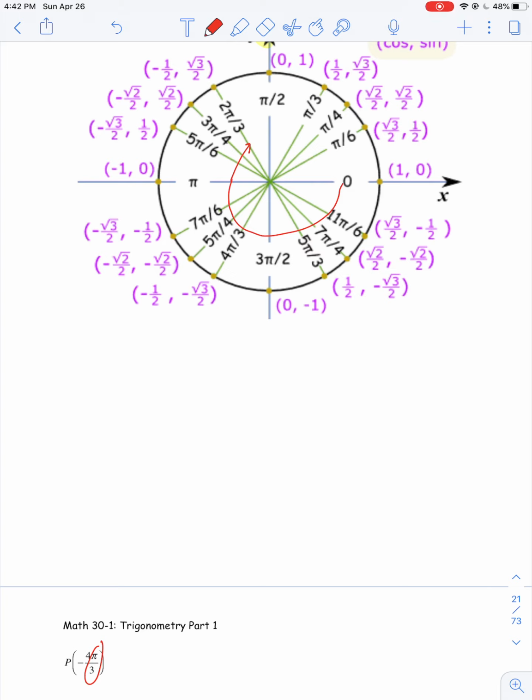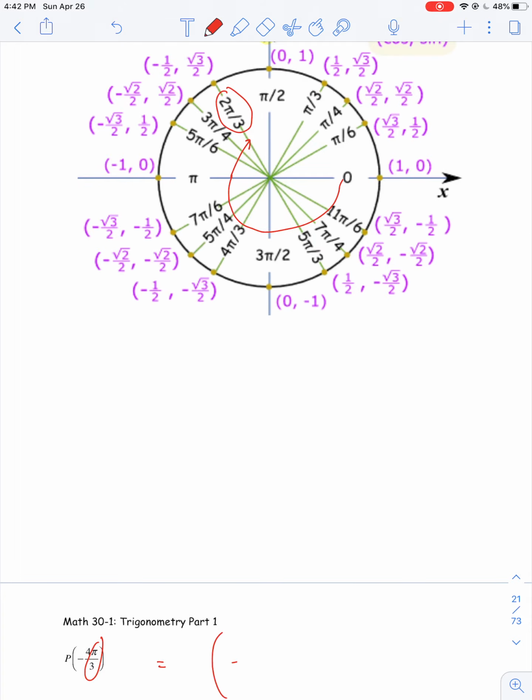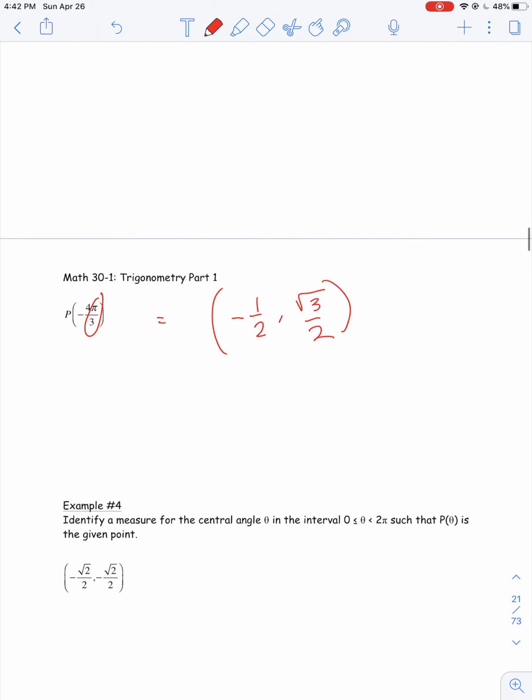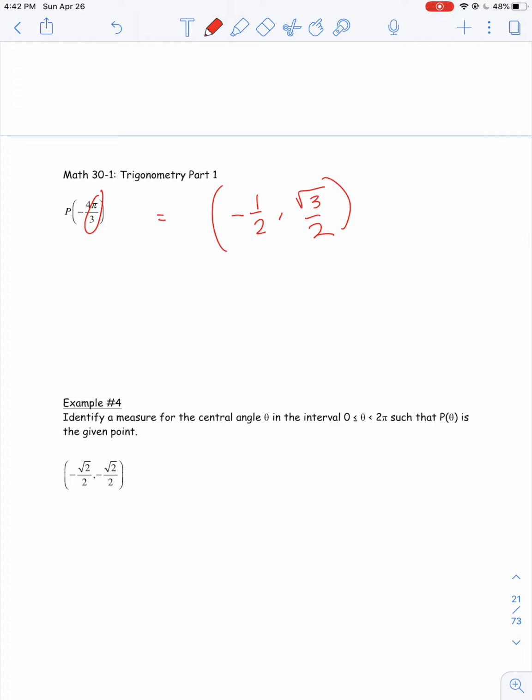So then what you would do is write down those coordinates there. Okay, so your answer would be the matching coordinates, which are -1/2 and √3 over 2. Okay, so that's the only trick: if you have the graph going in the opposite direction, you just have to flip it.